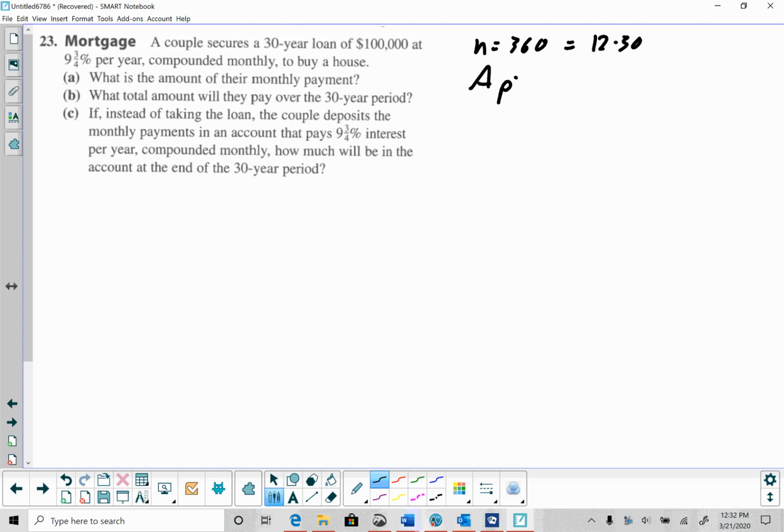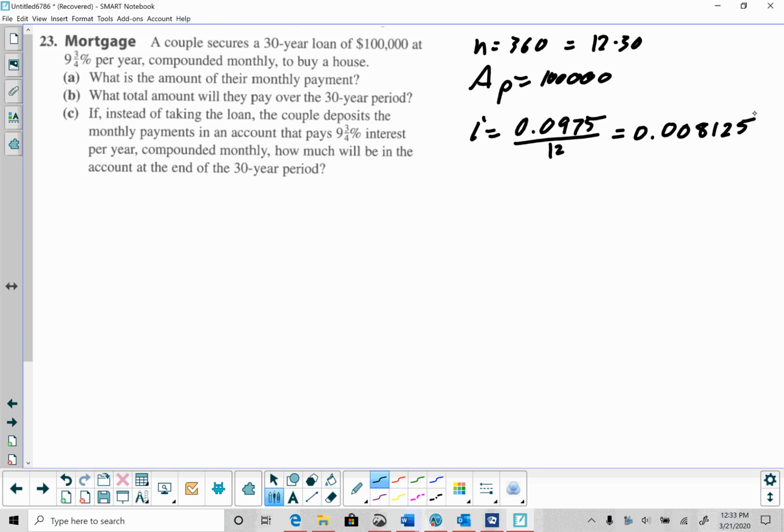The present value is $100,000. Our interest rate is 0.0975. Well, thank goodness for once they actually changed that number for us here. So the monthly interest is going to be 0.008125.